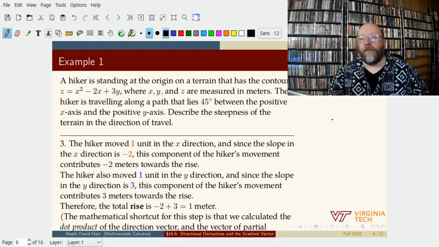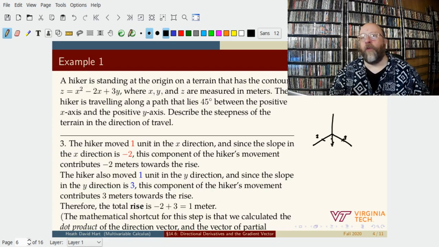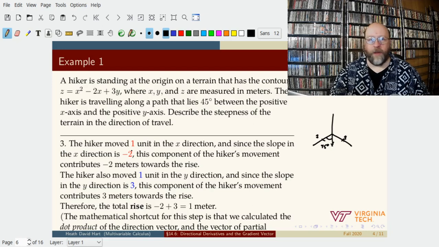All right, so let's talk about what happens now. We're using the vector 1, 1 to represent the direction at a 45-degree angle from the x-axis. And so the hiker went 1 unit in the x direction, and when the hiker went 1 unit in the x direction, the slope went down by negative 2.